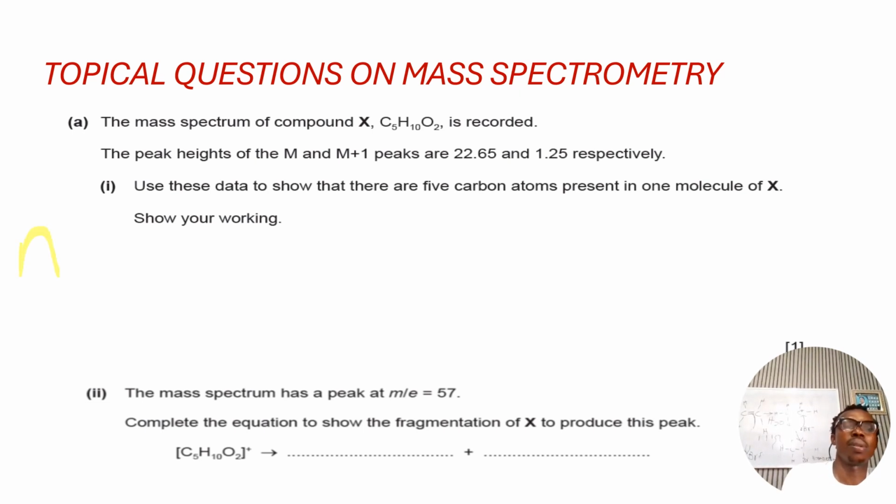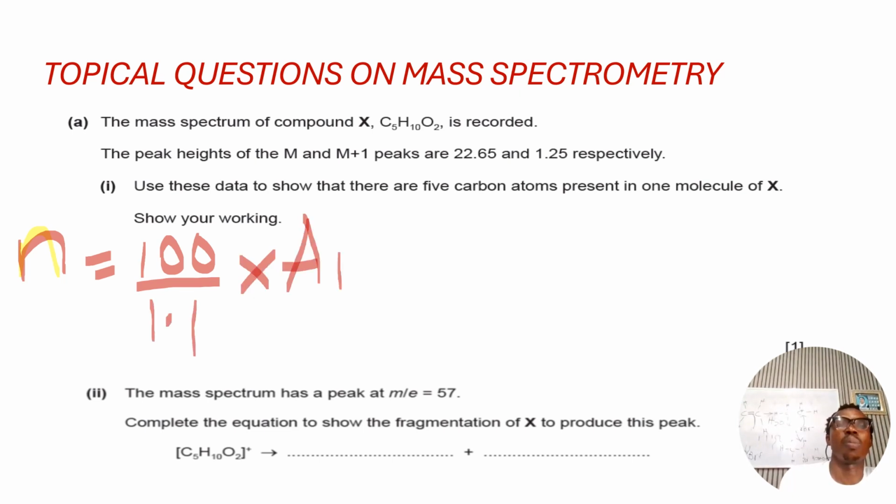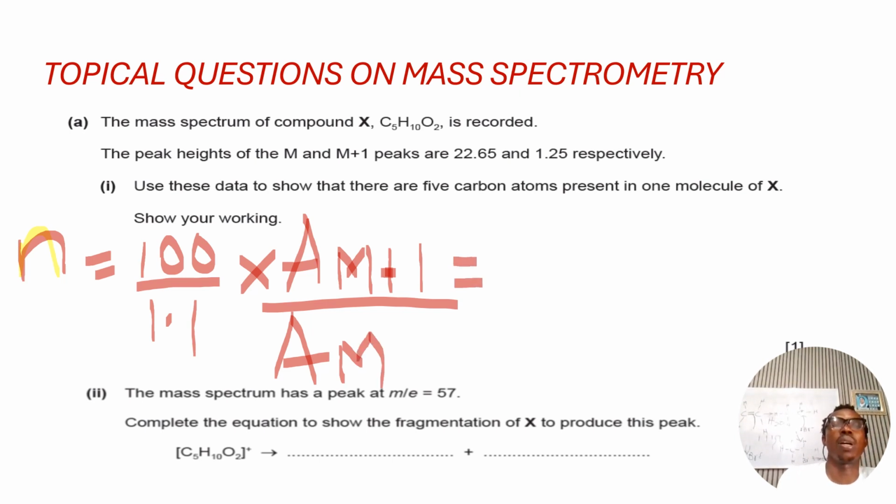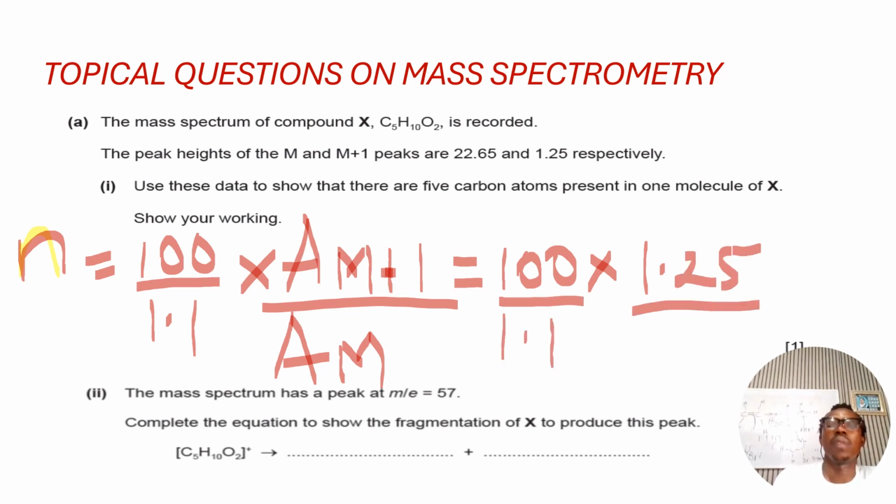Number of carbon atoms will be equal to 100 divided by 1.1 times the abundance of the molecular ion plus 1 peak divided by the abundance of the molecular ion peak. So you have 100 multiplied by the abundance of the molecular ion plus 1 peak, which is 1.25, over 1.1 divided by the abundance of the molecular ion peak, which is 22.65.